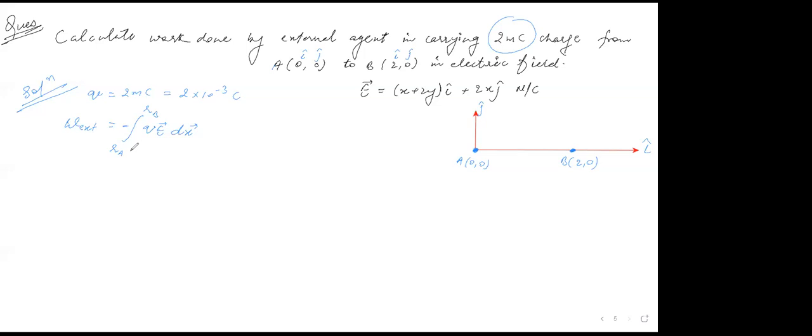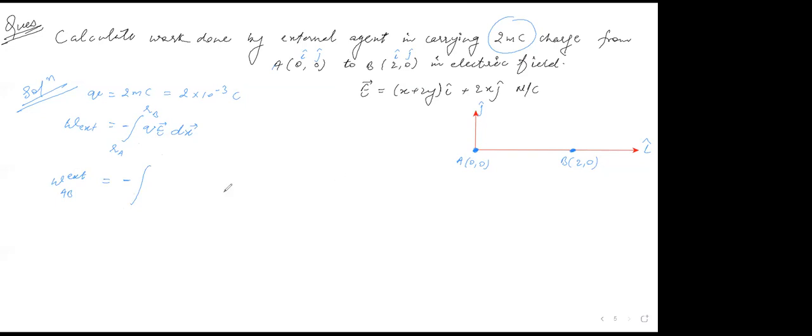Now, your W external from A to B is equal to minus of integration from R_A to R_B.